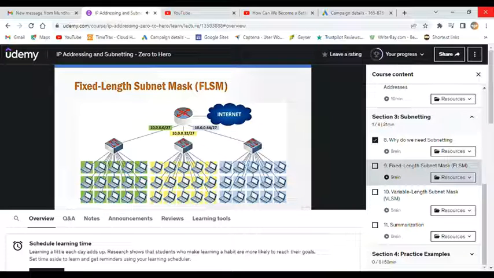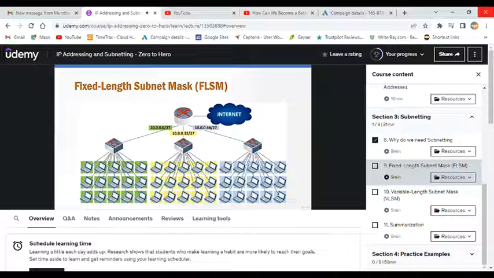Well, /27 means that the first 27 bits represent the network portion of the IP address, and then the remaining bits, which is 5, represent the host portion of the IP address. So 2 to the power of 5 is 32, which means that we can have 32 different combinations to be used as the host part of the IP address.